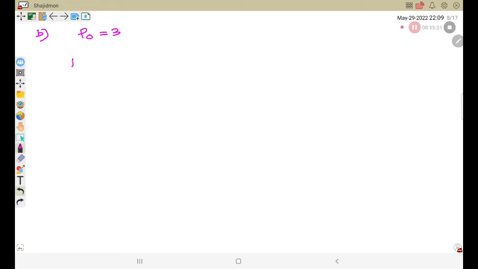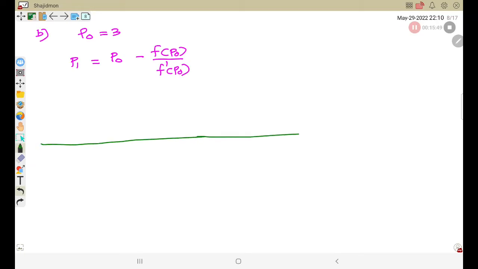So first we are doing P1, the first approximation. P1 equal to, what was the rule we studied for P1? P0 minus f value at P0 divided by f dash value at P0. Correct? F of P0 divided by f dash of P0. After that we need to go to P2.